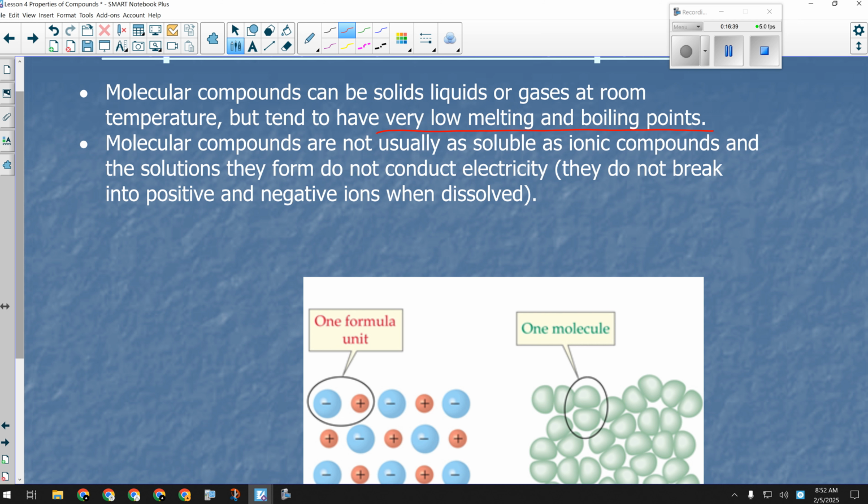The alcohol's not floating on top of the water like oil does. Oil is a molecular compound. It's not soluble in water, but alcohol is. You wouldn't be able to mix drinks, not that you guys are old enough to know that, if alcohol didn't dissolve in water. You pour it in and it just dissolves, it doesn't sit on the top. Sort of make sense? So some molecular compounds are soluble in water, and liquids can be soluble in water as well. But they will not conduct electricity when they're in water, because they don't split.